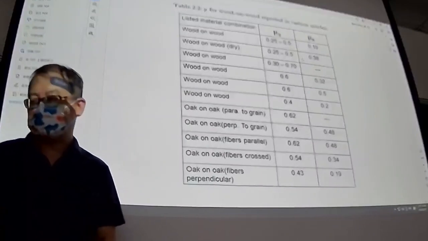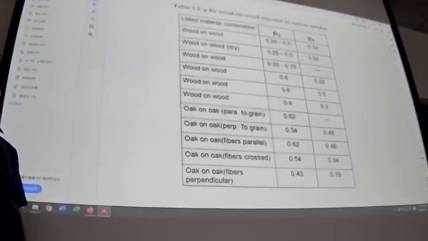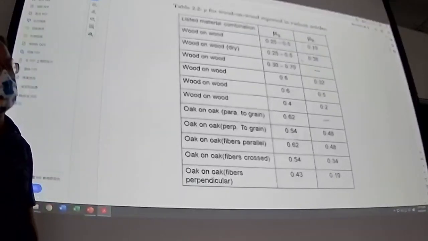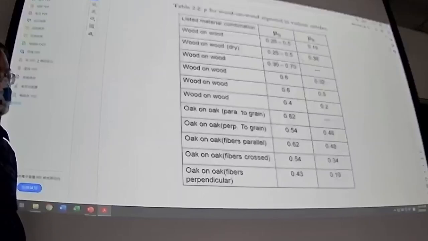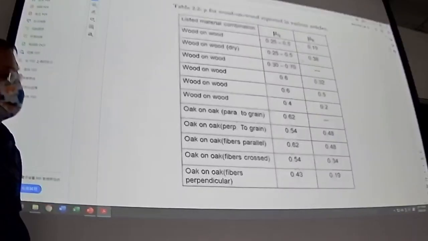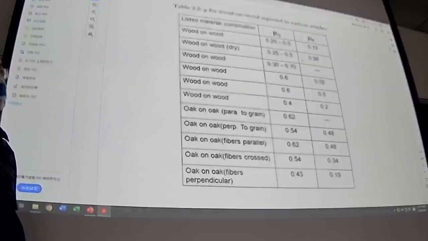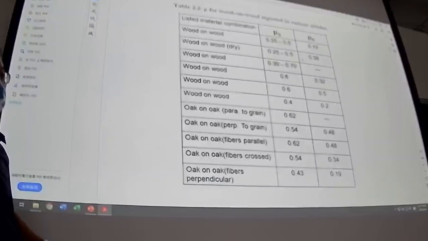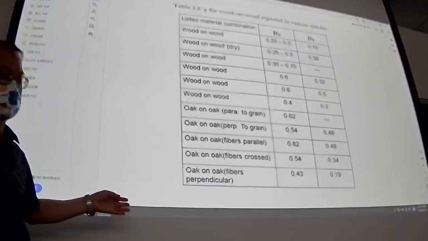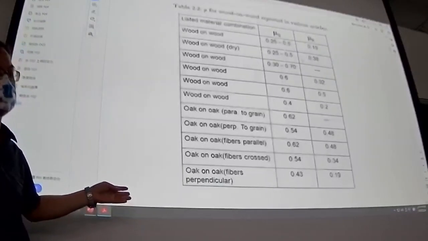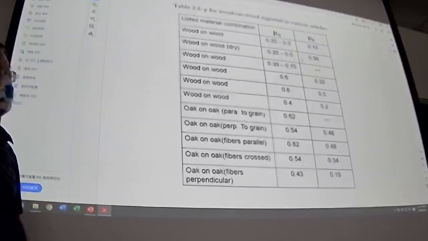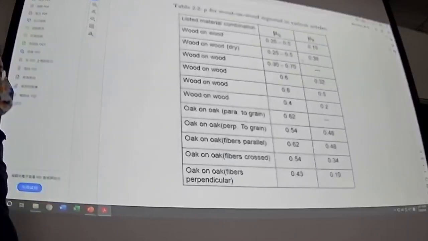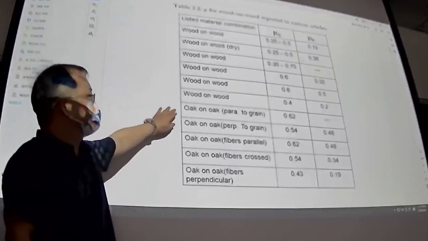So we know the coefficient of friction is not just related to the material, it is also related to temperature and humidity. For the moment, we still do not have an exact model for friction, I mean static friction. So we have different wood types.